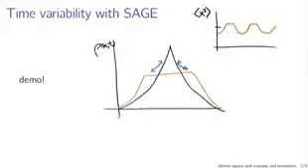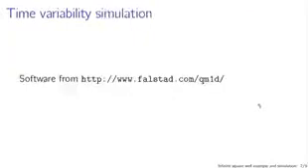To get an even better feel for what the time variability looks like, there's a simulation that I'd like to show you. And this comes from Falstad.com, which, as far as I can tell, is a guy who was sick of not being able to visualize these things, so he wrote a lot of software to help him visualize them. So here's the simulation.